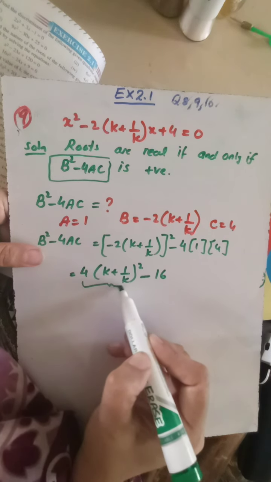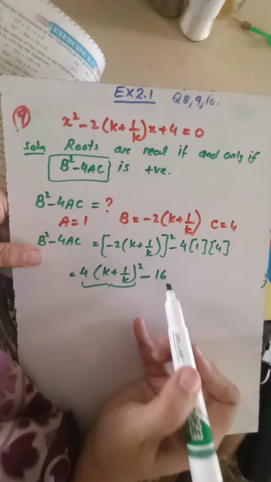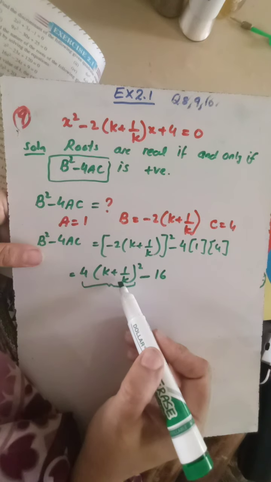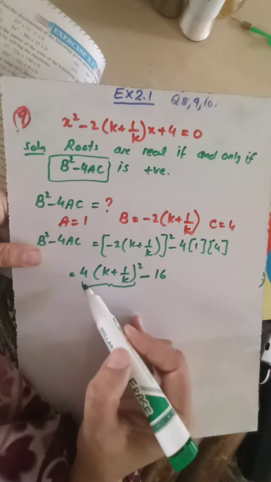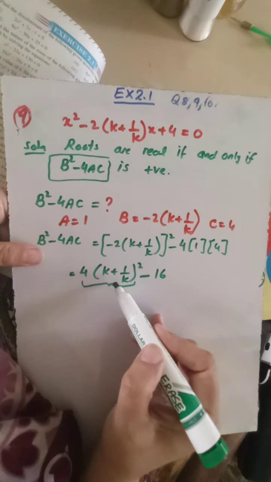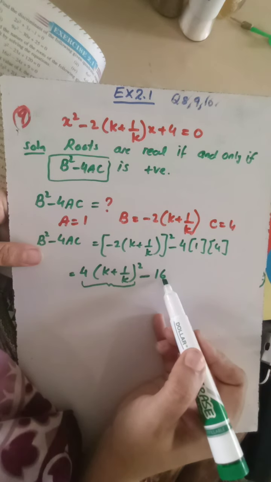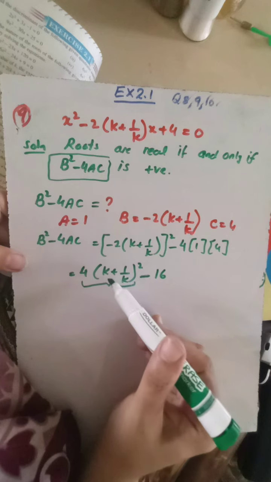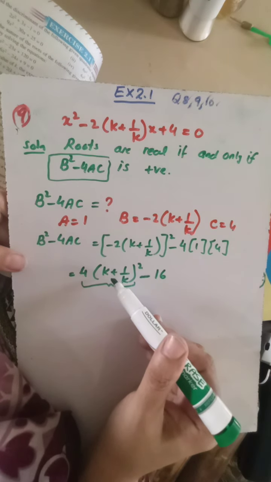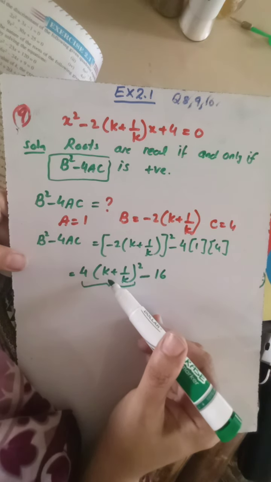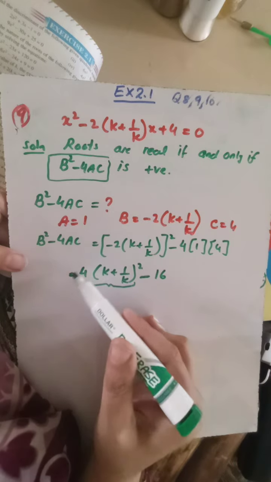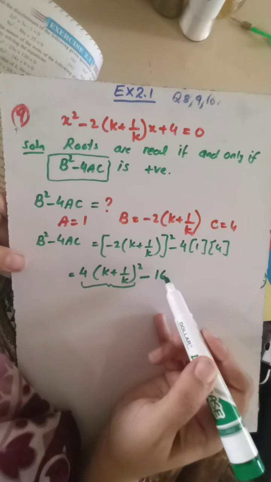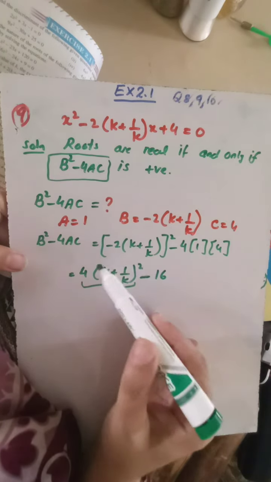We don't know whether this expression will be less than 16 or greater than 16. If it is greater than 16, then we can easily say that this whole thing will be positive, because a number greater than 16 minus 16 will always be positive. But if this number is less than 16, then this expression will give a negative answer. So we can't say anything about its positivity at this stage.